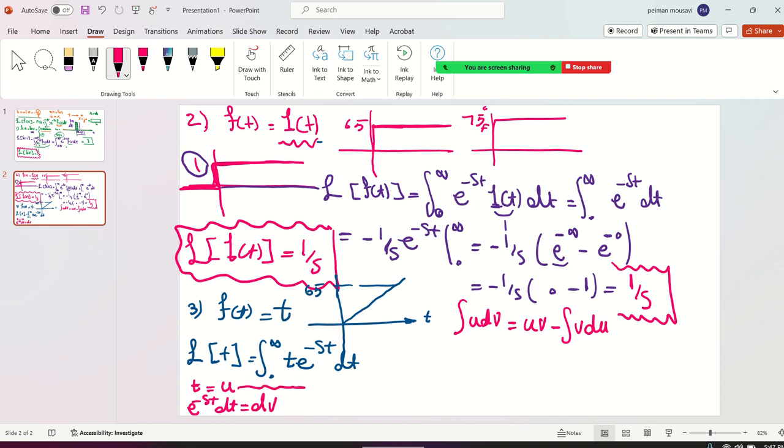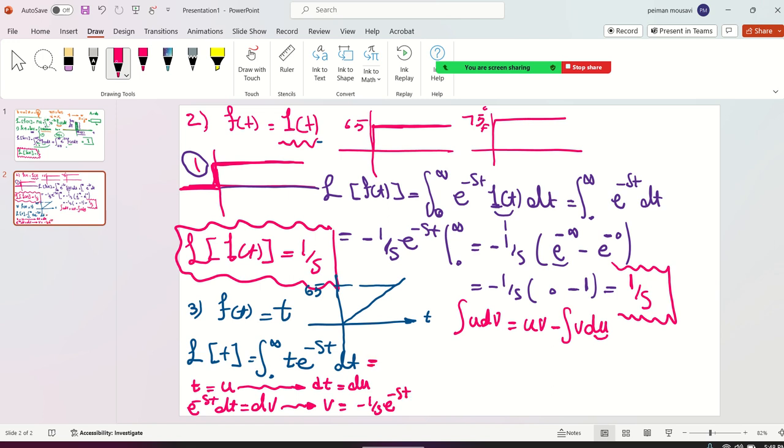So you have to integrate. dt after differentiation is du, and the integration of e^(-st) dt gives v, which is -1/s e^(-st).